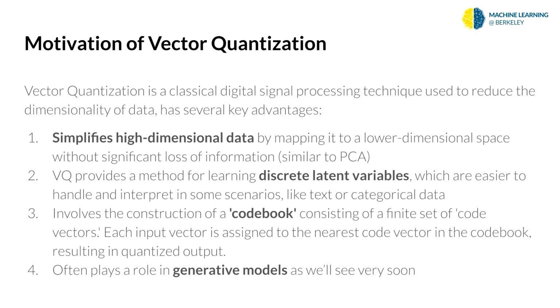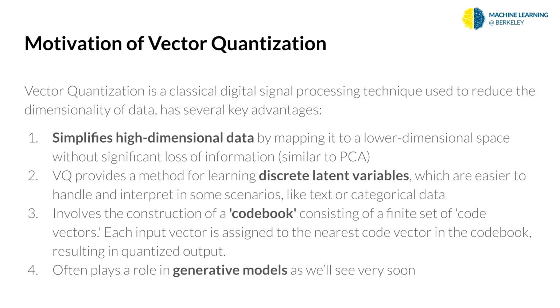First, it simplifies high dimensional data down to a lower dimensional space without losing too much of the underlying information and patterns. As I said before, this goal sounds very similar to PCA, because the motivations behind both vector quantization and PCA are very similar. We want to be able to reduce this high dimensional data into a low dimension.